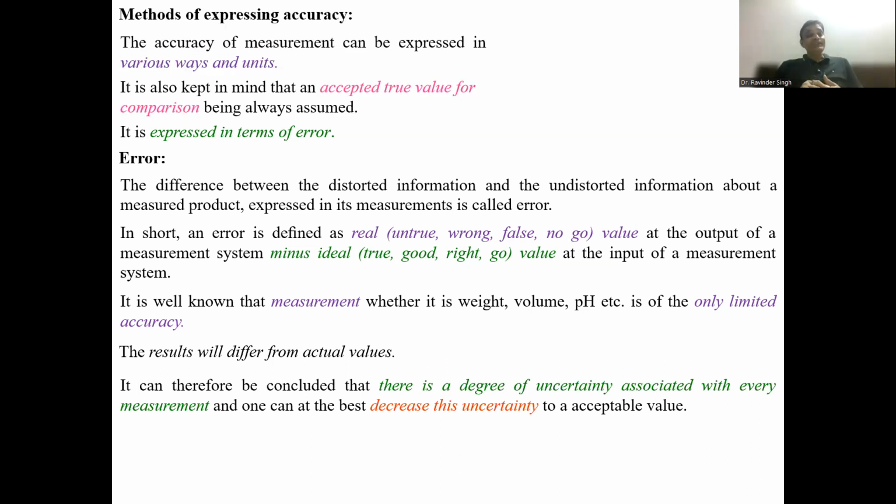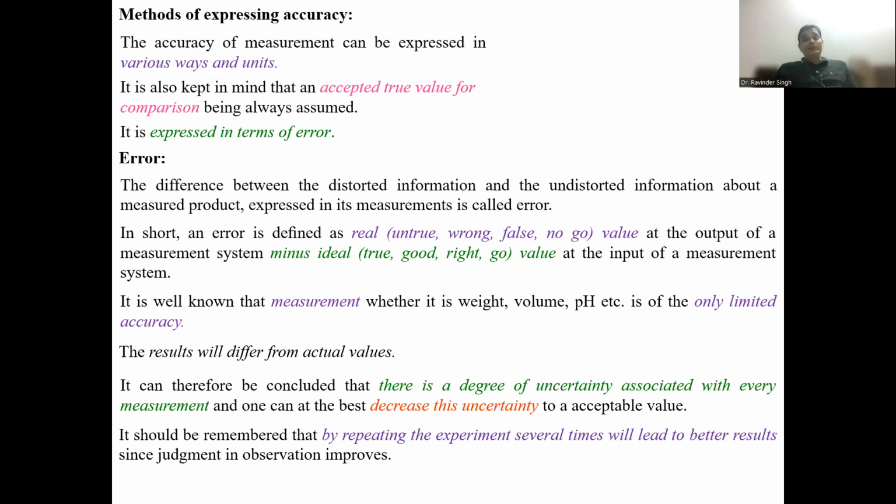So we can say that there is always some error, meaning some uncertainty, in our observed results. These errors can be reduced if we do the same experiment multiple times.